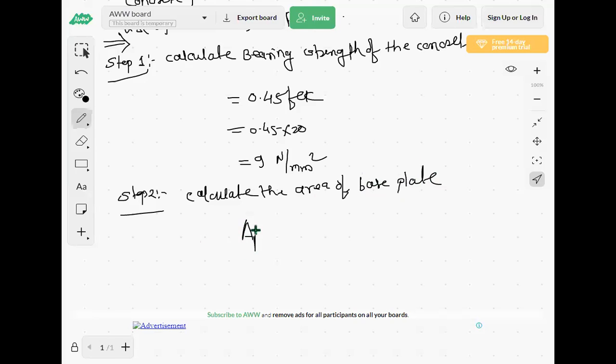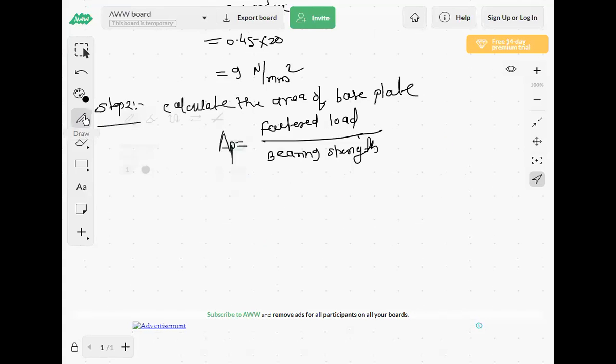So area of base plate AP is equal to factored load divided by bearing strength. So factored load is 1700 into 10 raised to 3 divided by bearing strength, here 9.